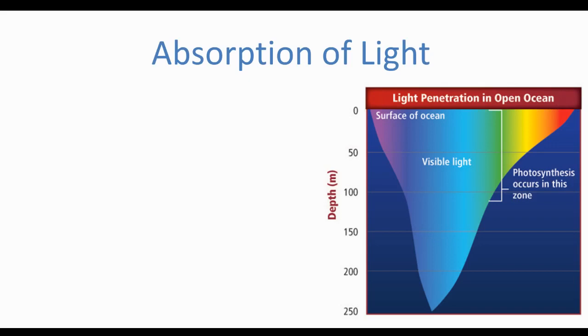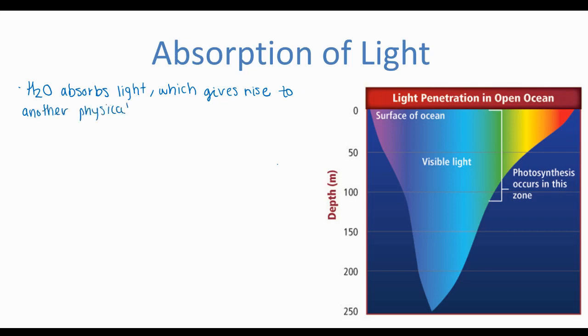The absorption of light. Water absorbs light, which leads to one physical property of seawater or water in general. So water absorbs light, which gives rise to another physical property of the ocean, which is that it is very dark. Darkness.